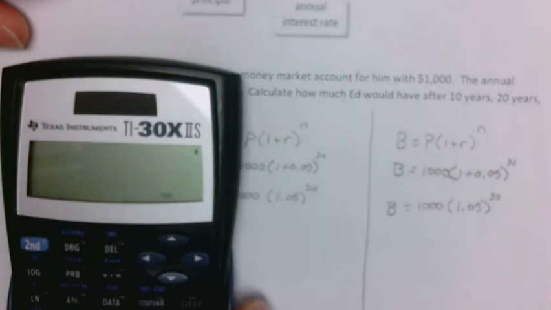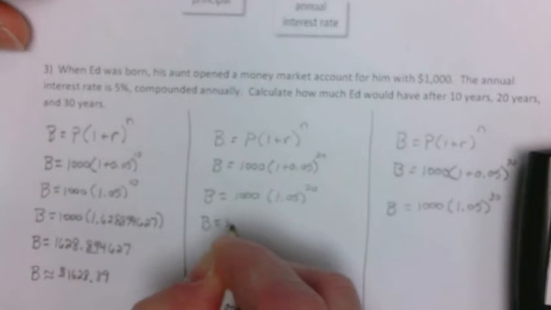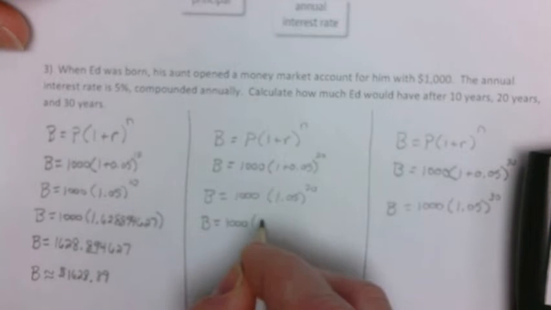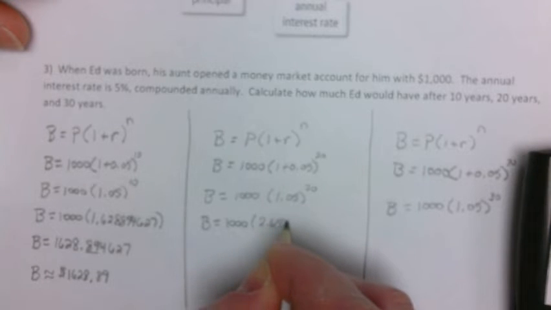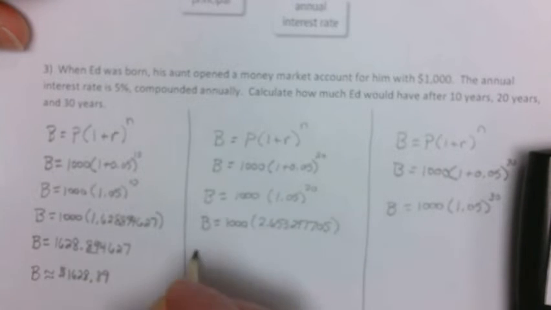Okay, for 20 years, I'm going to do 1 and 5/100ths to the 20th power. So let's punch that into our calculator. 1 and 5/100ths raised to the 20th power. And there's our decimal this time. Again, we're going to write out the whole thing. So B will equal 1,000 times 2 and 653,297,705.